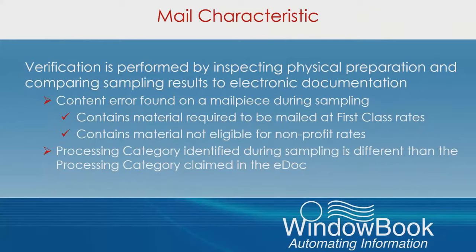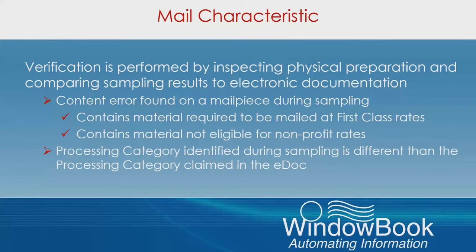And Seamless takes a look at mail characteristics, and this verification is performed by inspecting physical preparation and comparing the sampling results again back to the electronic documentation. So some typical errors would be content errors, such as material in the mail piece that's examined is required to be mailed at first class rates, but you're mailing it at a different class of postage.